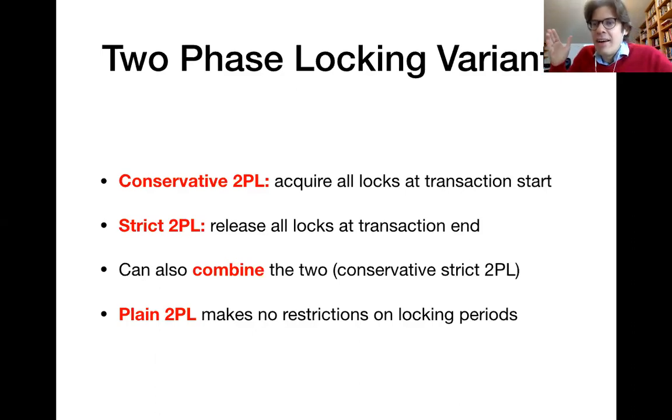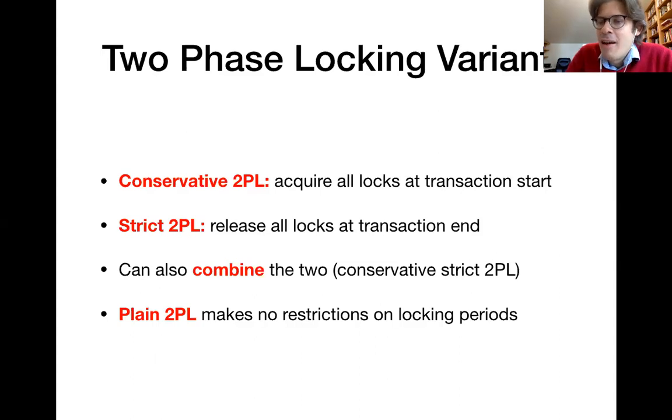They have to keep them until the end of execution. You can also combine those two, and then you get conservative strict two-phase locking, and the plain two-phase locking makes no restrictions whatsoever.